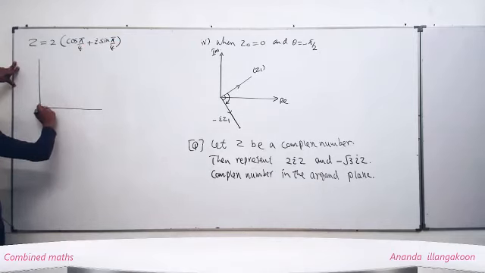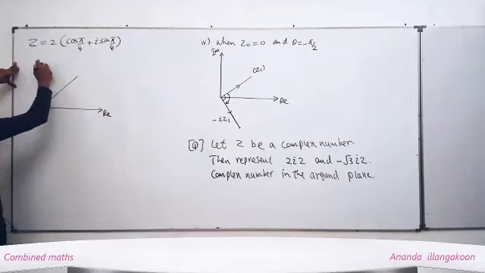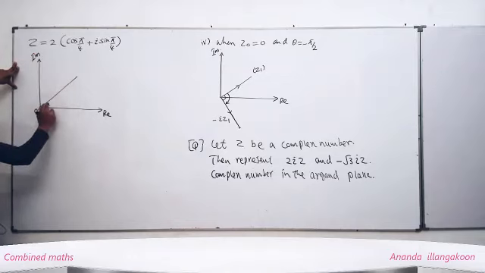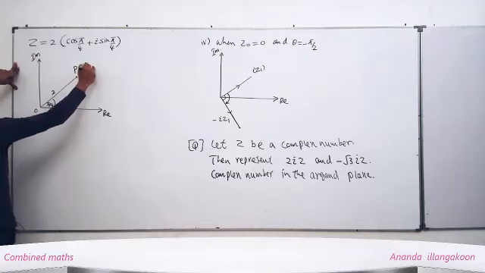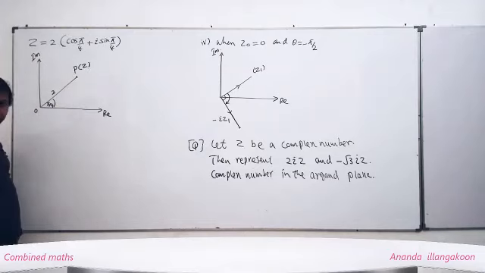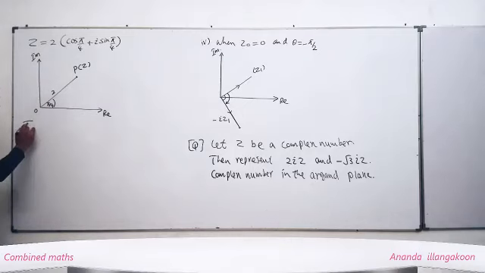Starting from origin, length is 2, making pi by 4 angle with the real axis like this. This is 2 units. This is a point which represents the complex number Z. Right. You then tell me how to represent 2Z.